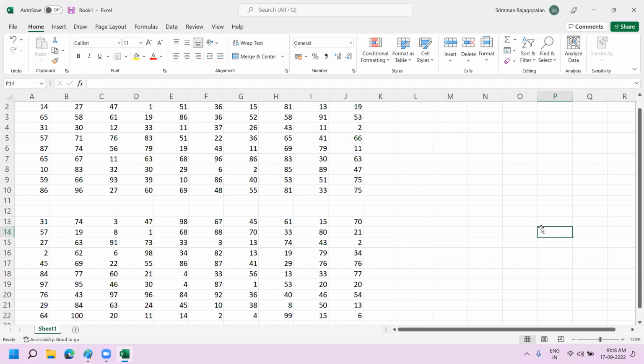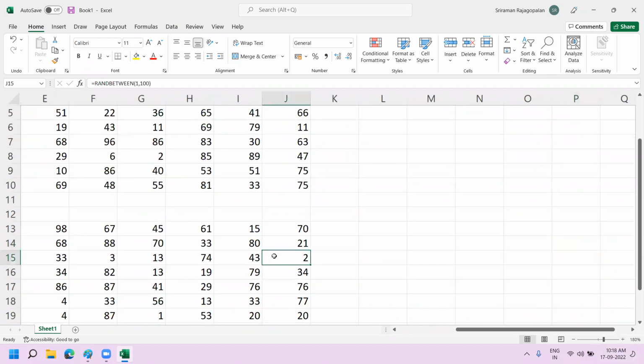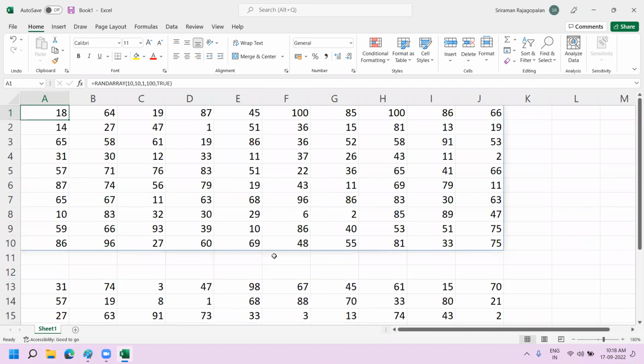Now copy this to the data matrix, the table of numbers. Number creation, this is over.